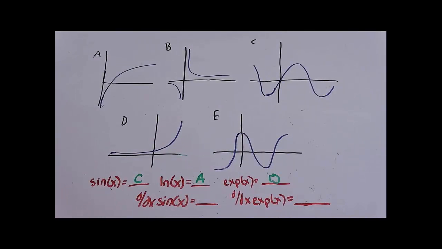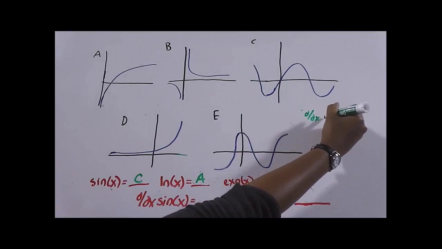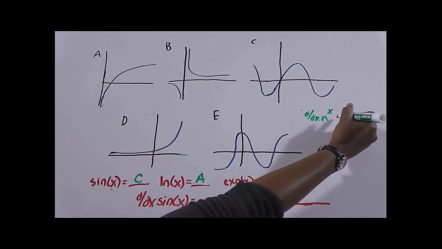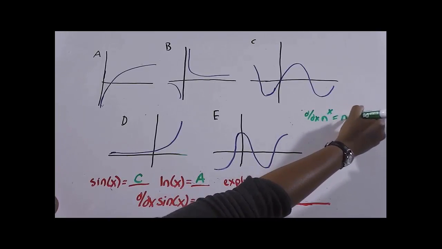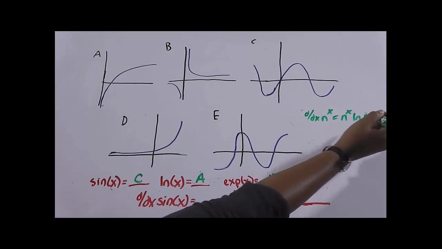So let's go down 1 and do the derivative of an exponential function. The derivative of any number raised to x is equal to that number raised to x times the natural log of that number.